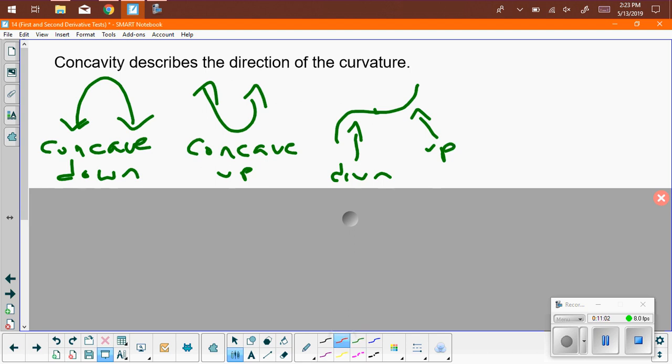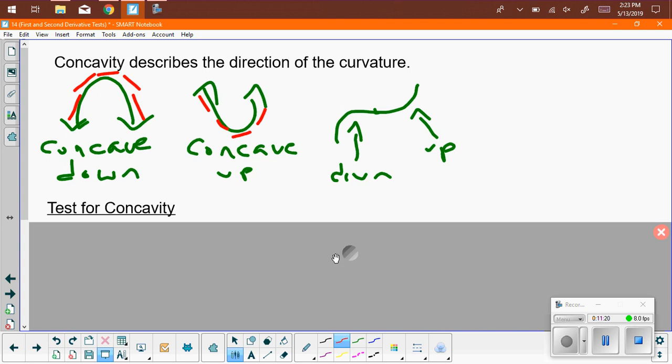I think the way that the activity described it, on my concave down, if I was drawing my tangent lines, they'd all be above the curve. If we're concave up, they're all below the curve. So if we go back to talking about our position functions, this is something we talked about before.